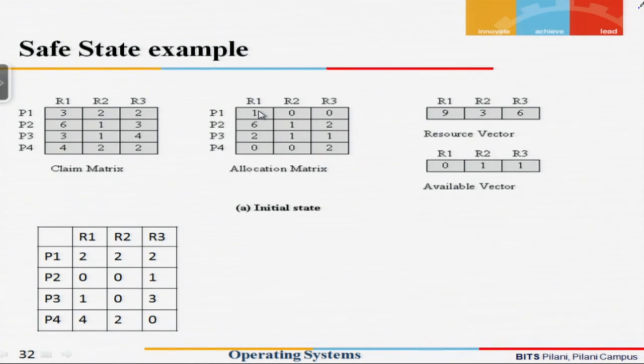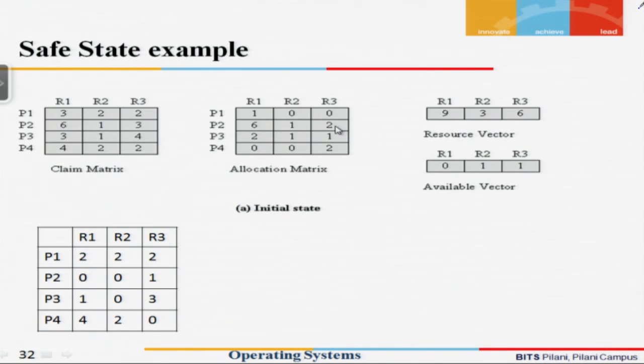So we have 1 plus 6 plus 2 plus 0, that is 9 instances of resource type R1 in the system. That is what I am saying, that my resource vector is here: initially, when the resources are not allocated, we have 9 resources of R1, 3 resources of type R2, and 6 resources of type R3.